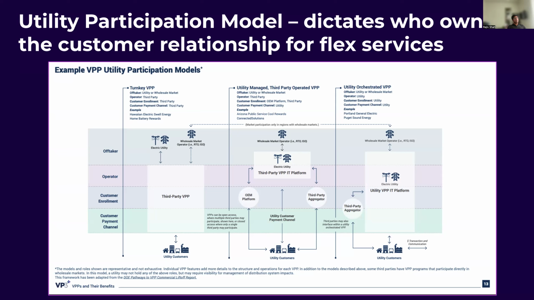Before you answer that question, you actually need to be thinking about what are we trying to do here, and how are we going to be evolving our price signaling, our ability to deliver value to customers that own DERs, before we even address whether it should be the utility, a third-party aggregator that is running this.